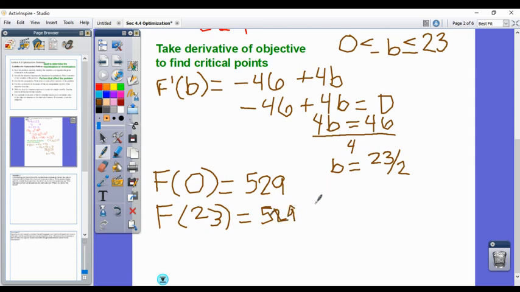And when we plug in 23 over 2, we're going to get 264.5.